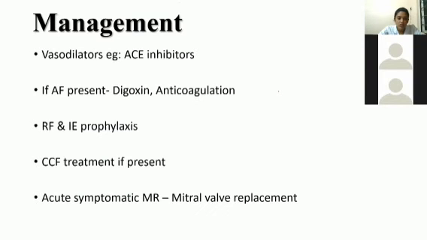Then the management. In management, we will give vasodilators, for example ACE inhibitors. These are all supportive therapy only. Then if atrial fibrillation is present, we will give digoxin or anticoagulation. Then rheumatic fever and infective endocarditis prophylaxis. Then CCF treatment, congestive cardiac failure treatment, if present, we will give the treatment for that.